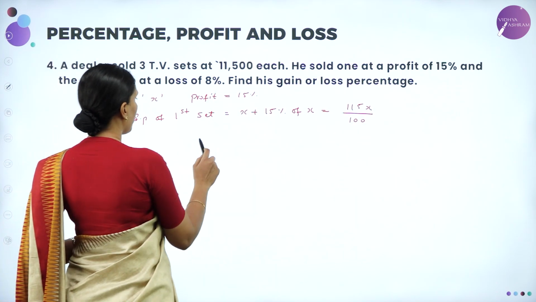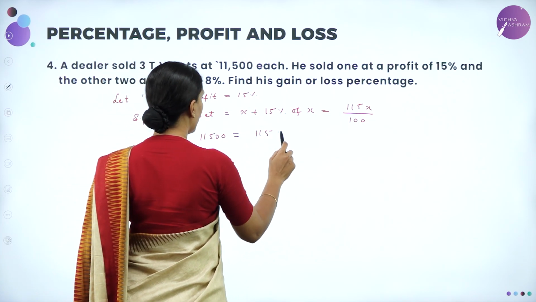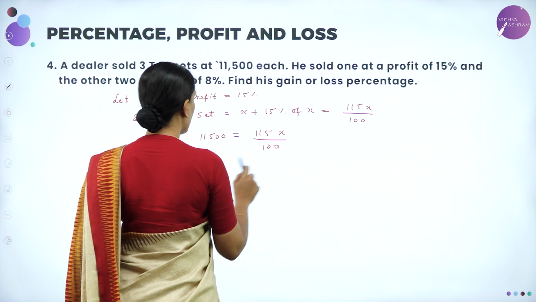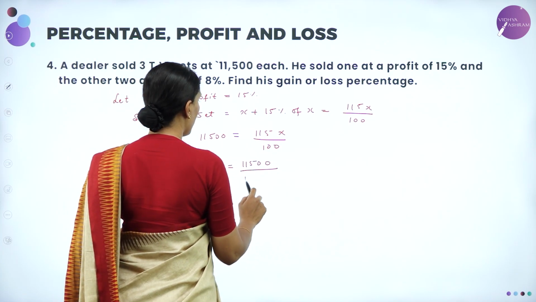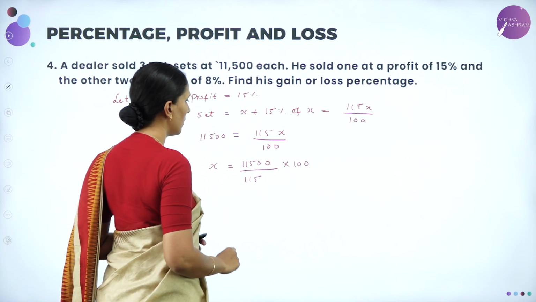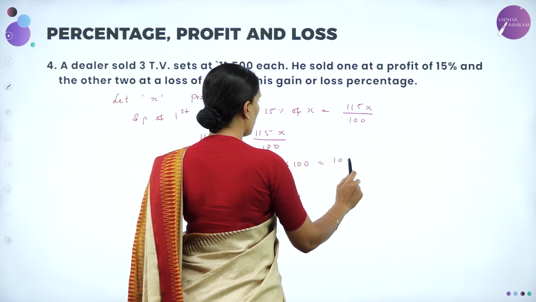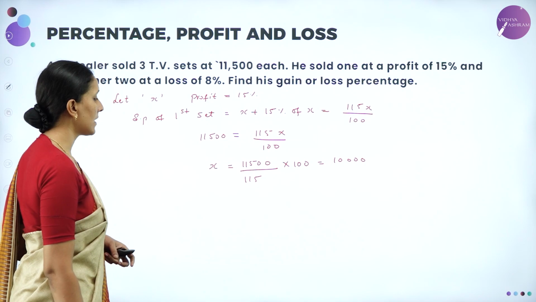Now the selling price of this first set is 11,500. So 115x divided by 100 equals 11,500. So x is equal to 11500 divided by 115 into 100. So when you cancel, this is equal to 10,000. So therefore, the cost price of the first set is 10,000.